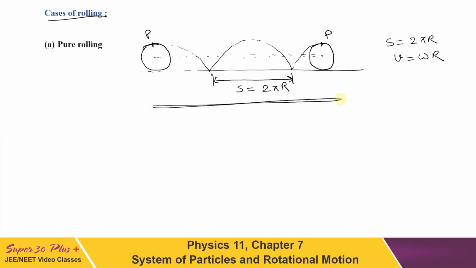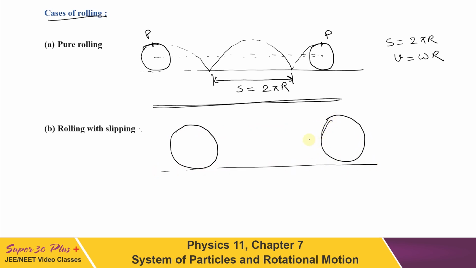Now what if rolling is not pure? Then it is called impure rolling, or it is called rolling with slipping. So next I am going to consider rolling with slipping. Now for this there can be two different cases. In first case, if I consider again this rolling body on the surface.